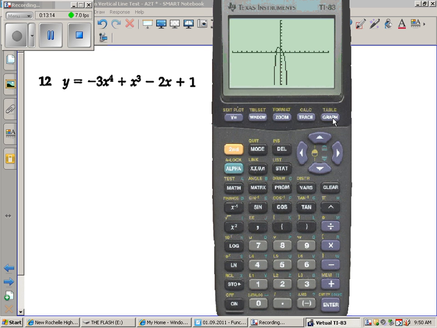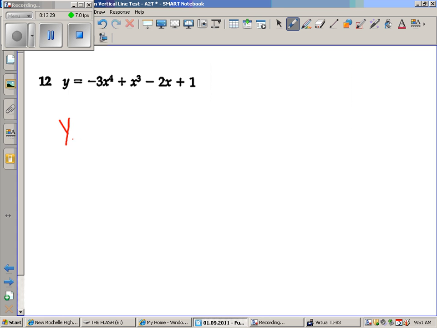And if you zoomed in, this area over here wouldn't be perfectly symmetric. You can even see it's kind of a little bent. In any event, is this a function? Yes or no? Would it pass the vertical line test just looking at it? Good. Yes, it passes the vertical line test.